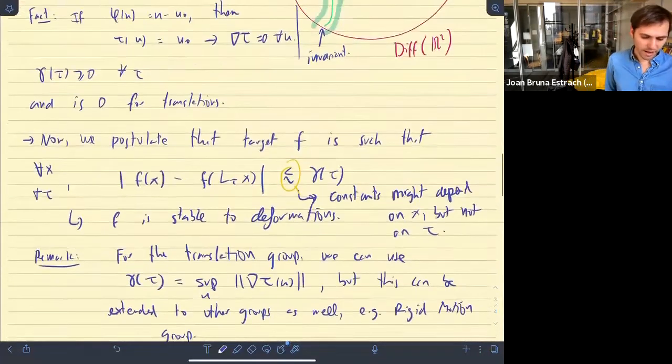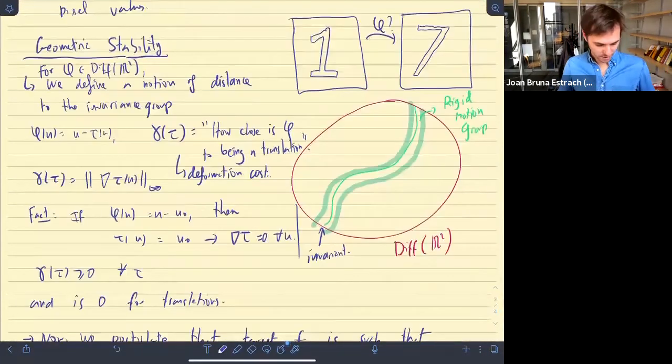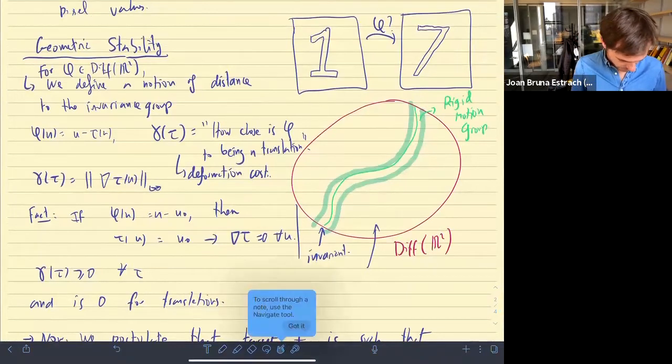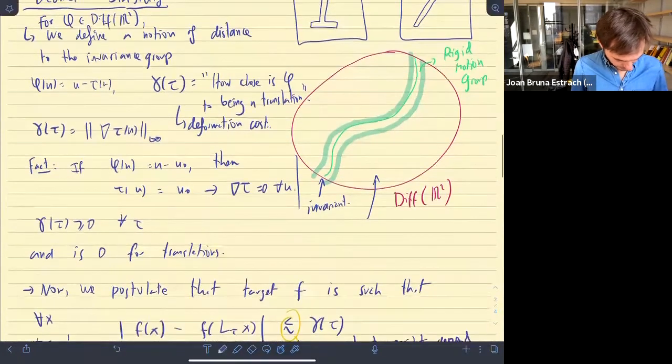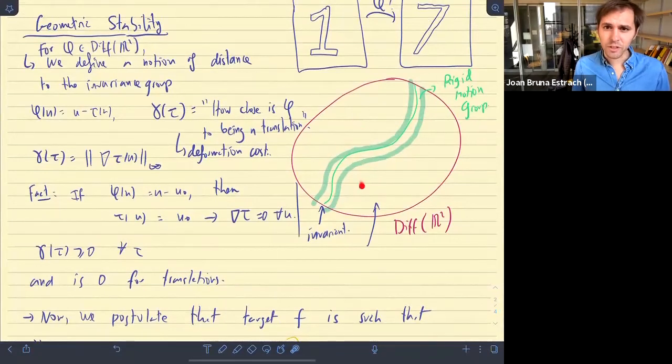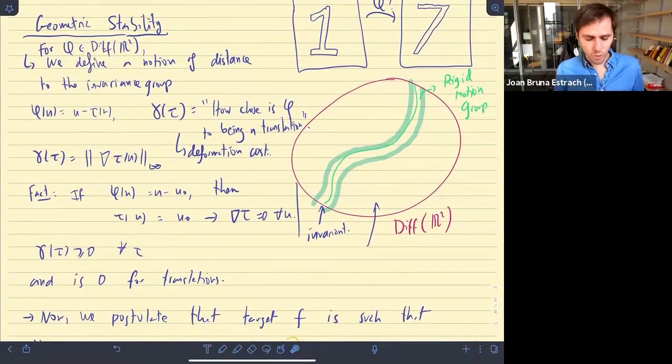Okay, so this game that we had, where we are at this point here, like in this diagram here.